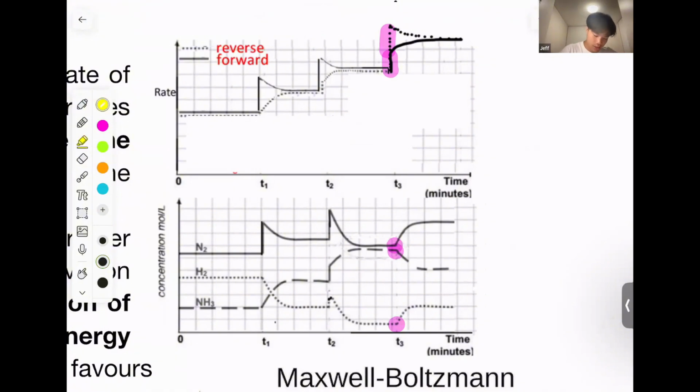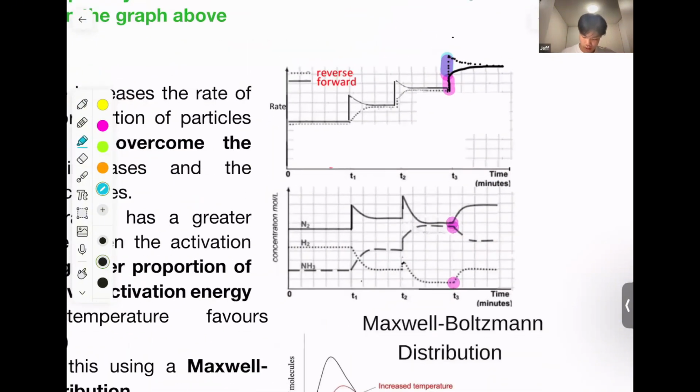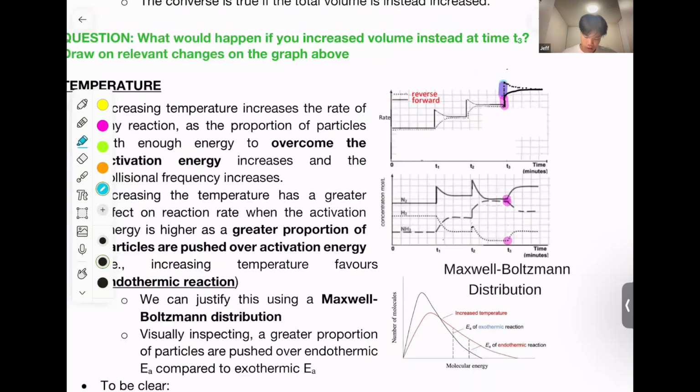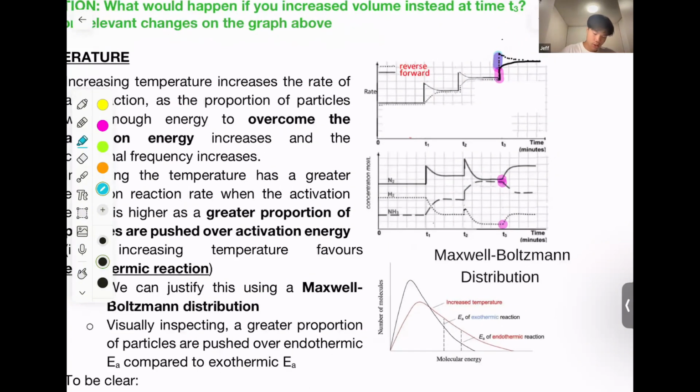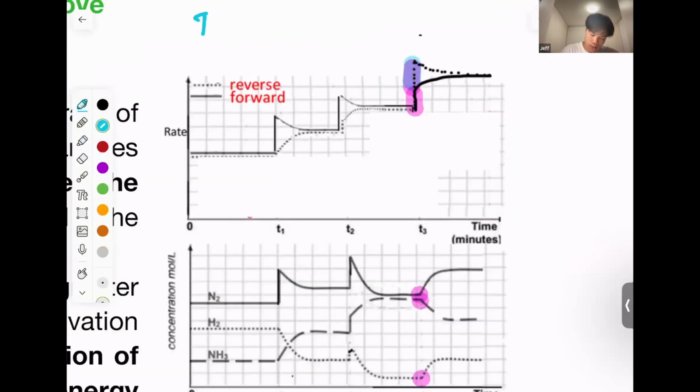But in this case, the reverse reaction increases by slightly more. This is because the reverse reaction is an endothermic reaction, whereas the forward reaction is exothermic. And temperature change affects the endothermic side proportionally more.